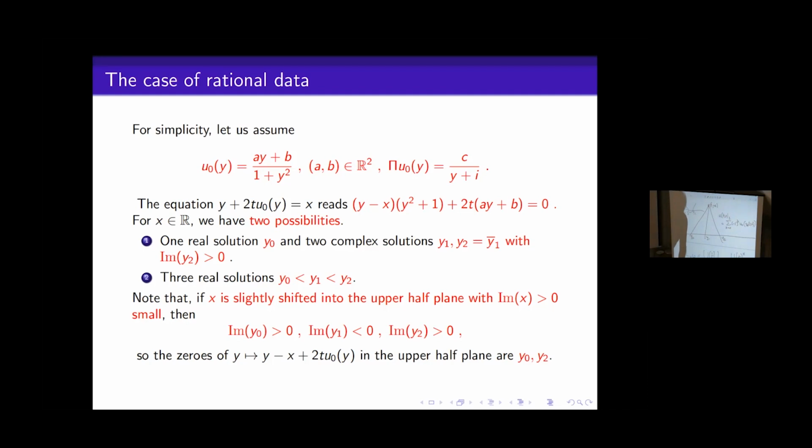The derivative here is positive, here is negative, here is positive. So this is precisely the sign which will give you how the imaginary part goes, by the implicit function theorem and Cauchy-Riemann. So the zeros in the upper half plane are y0 and y2 of this function, which is the fundamental characteristic equation.